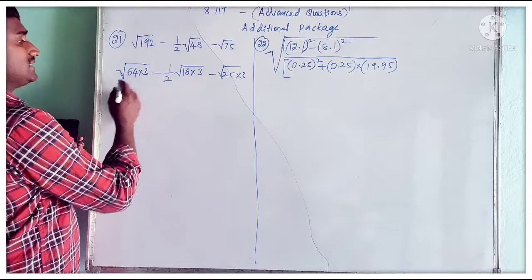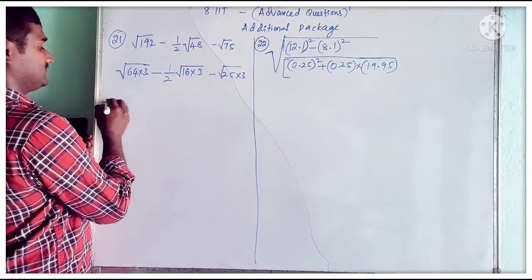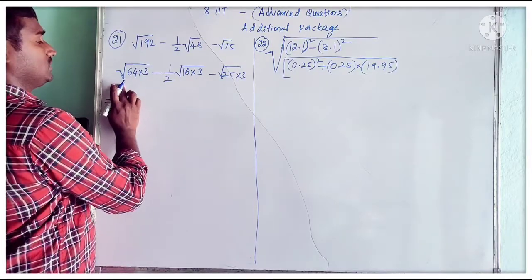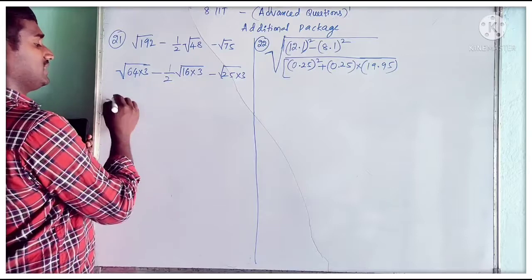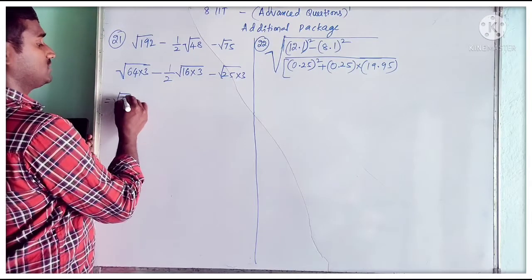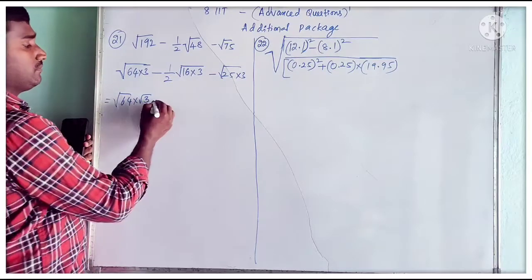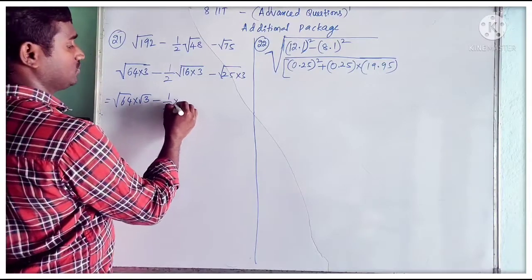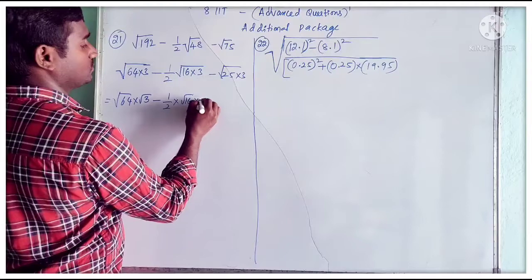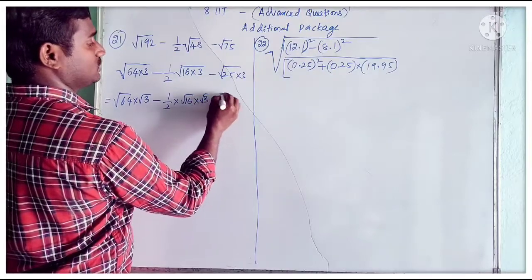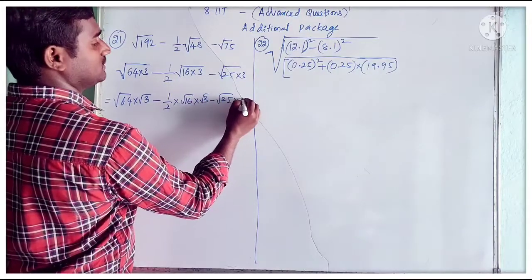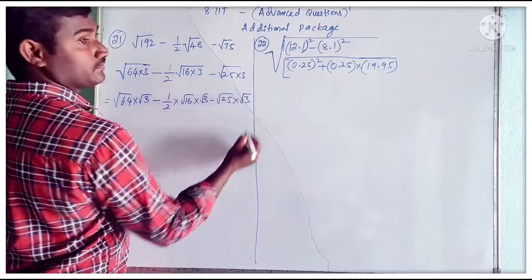So likewise, square root of 64 into 3 we can write as root 64 into root 3, minus 1 by 2 into root 16 into root 3, minus root 25 into root 3.